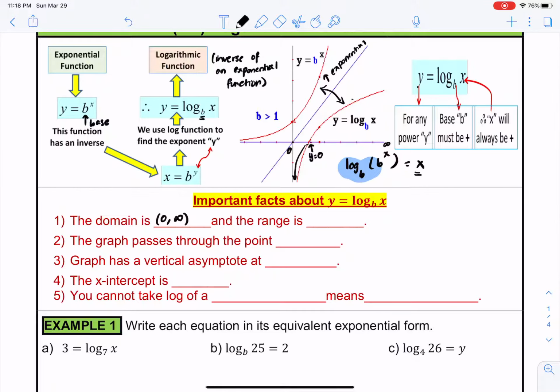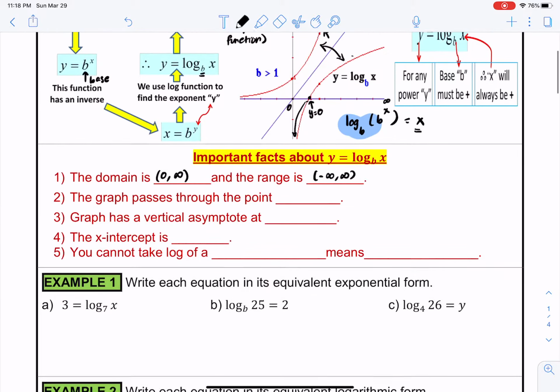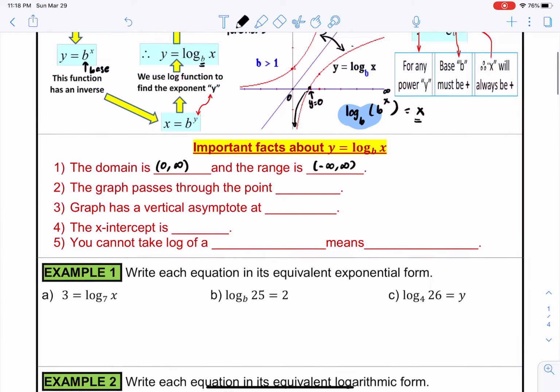So 0 is feasible, and negative infinity is also feasible because the curve is going down. Some textbooks would like to limit the range of the logarithm from 0 to infinity, starting here and beyond, even though that is fine. The precise range is minus infinity up to infinity.